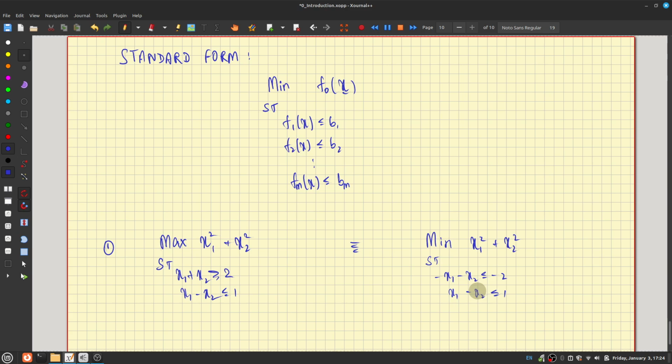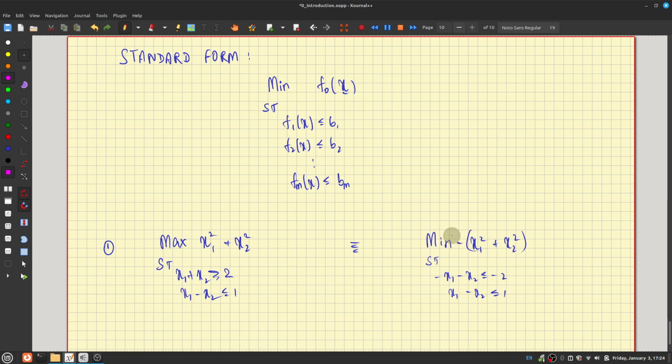It's not the only way, mind you. I could instead also take any decreasing function of this. So for example, I could say that this is also the same as minimizing, I'm sorry, I made a mistake over here. There should have been a negative sign.